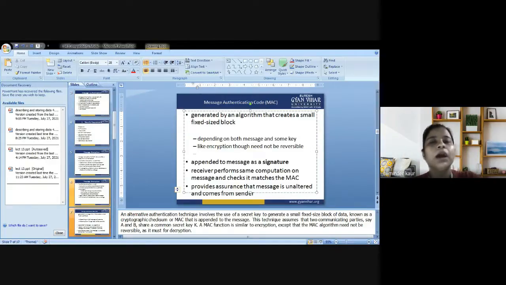Otherwise, we are using MAC, hashing, and digital signature as well, but we are not coming to a point about which is better or which has more importance. So we are supposed to deal with the three in order to identify the importance of each term associated with the security measures.